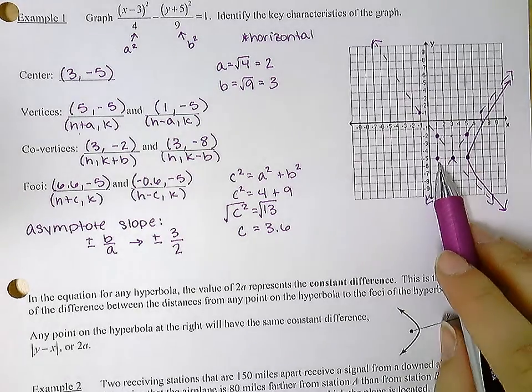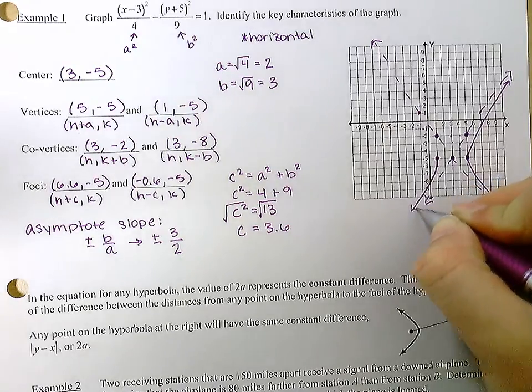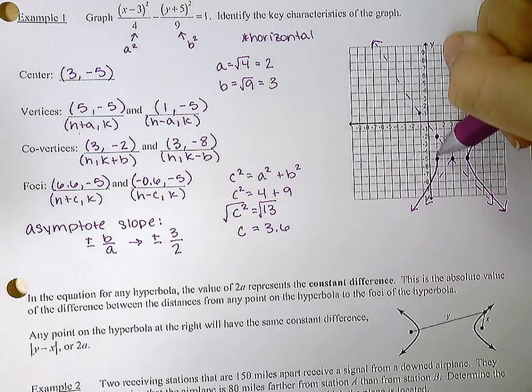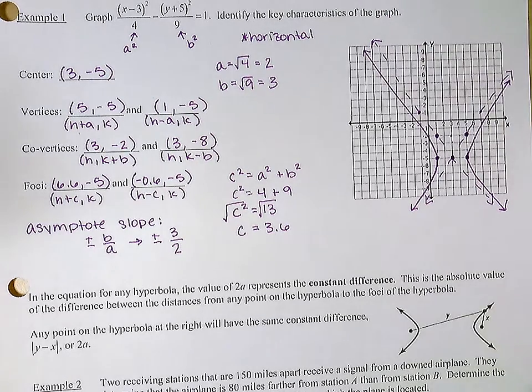Same thing from the second vertex. Should be a little rounded, and then get closer to your dashed line for your asymptote. Don't let it cross over that dashed line. It just wants to get closer and closer to it.